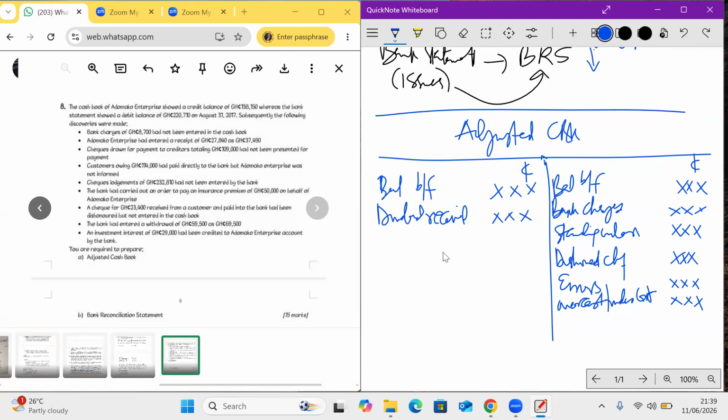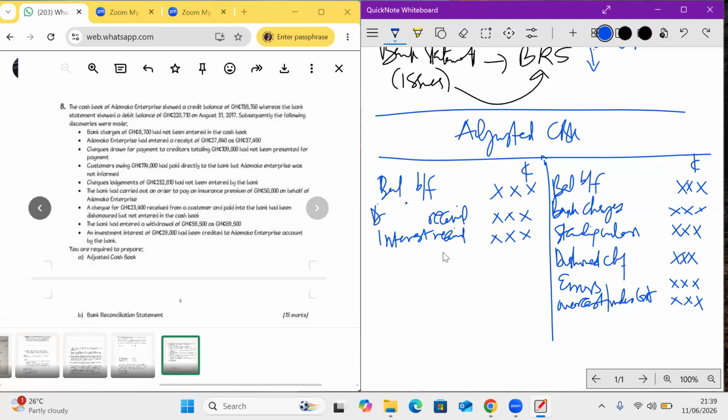We can have interest received. Let's say the business has invested in another company and they were paying dividends. Dividends are the returns due to shareholders. So they pay dividend, they transferred it into the bank account. They didn't pay cash to the organization. They rather transferred it directly into the bank account.